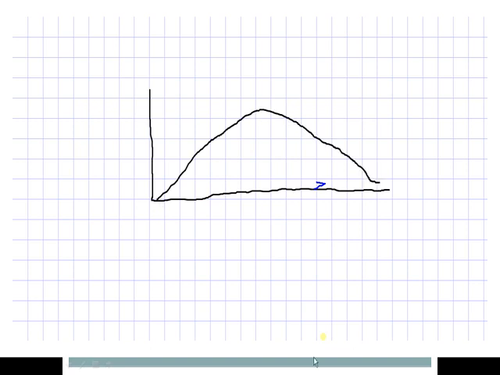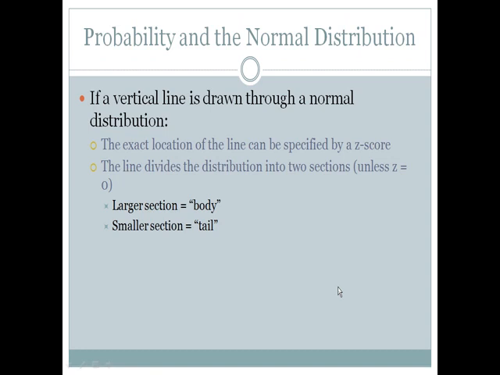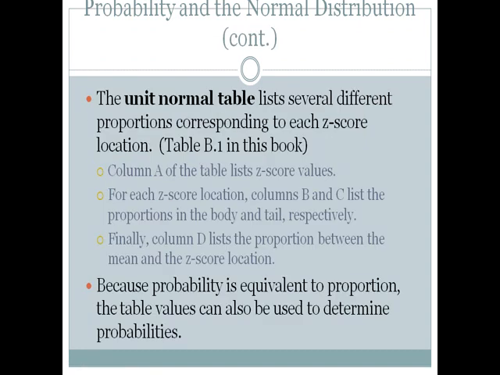So if we draw a z-score right here, the body of this distribution is going to be over here, and the tail is going to be the left side right here. So review those terms. We're using them in an almost identical way, but it's important to remind ourselves because of what we're dealing with in the table back here.